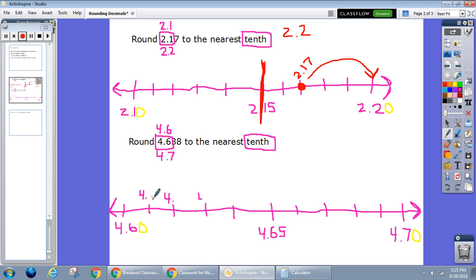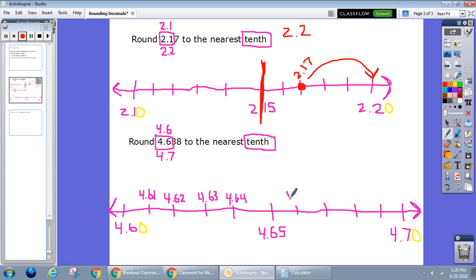4 and 60 hundredths. So the next number would be 4 and 62 hundredths. 4 and 63 hundredths. 4 and 64 hundredths. I already have 4 and 65 hundredths.